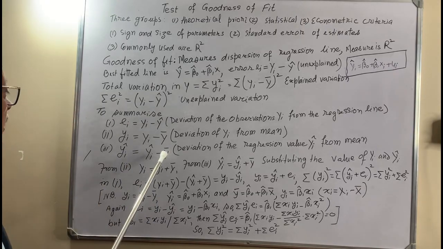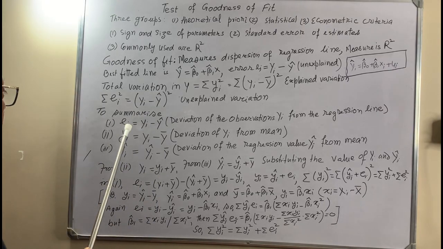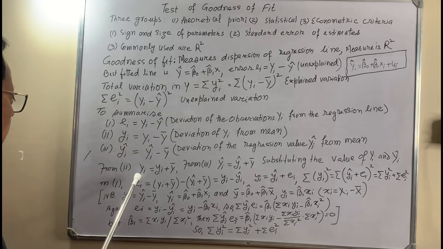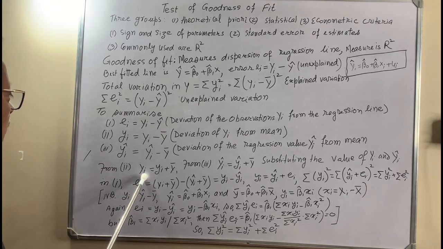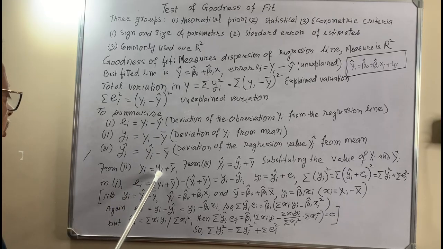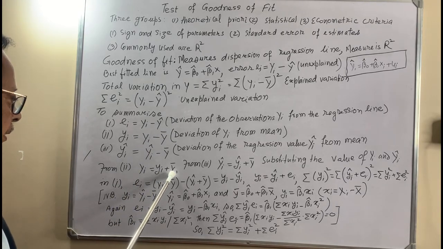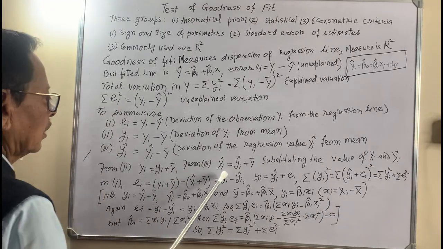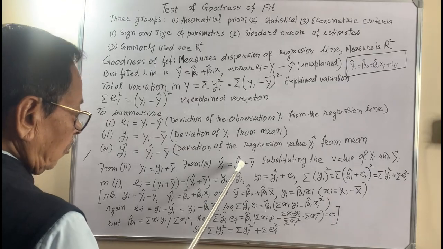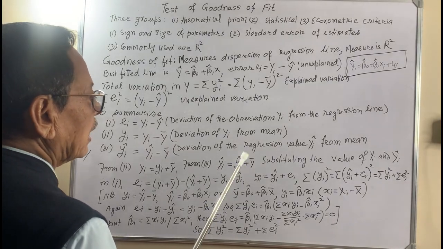So from these relationships, we can find Y. From 2, what is Y_i? Small y_i plus Y bar. And from 3, Y estimated is equal to small y_i estimated plus Y bar.